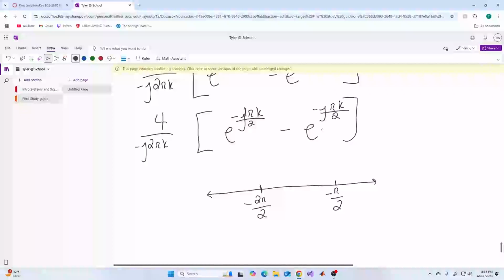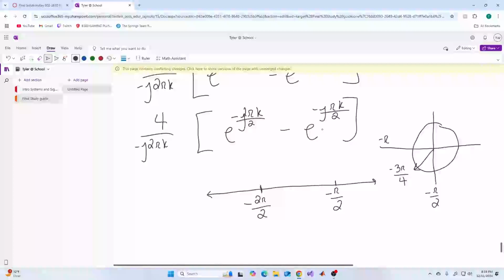Well, the best way to really look at this is, let's look at our unit circle. This is negative pi divided by 2, and this is negative pi. Well, what is in the center? In the center is negative 3 pi divided by 4.